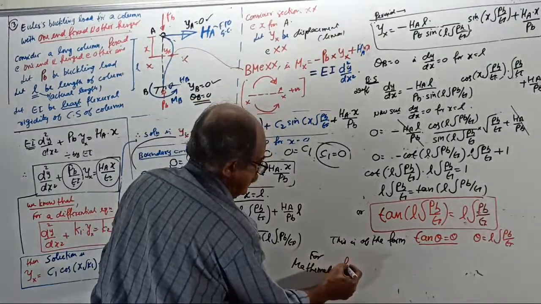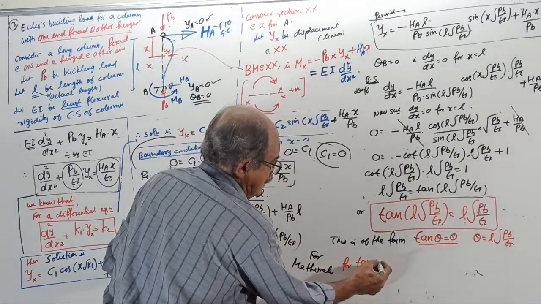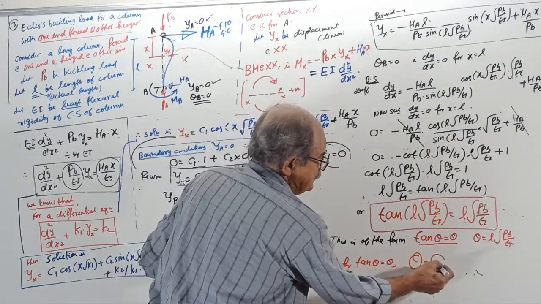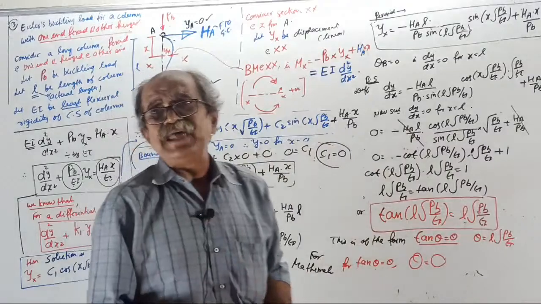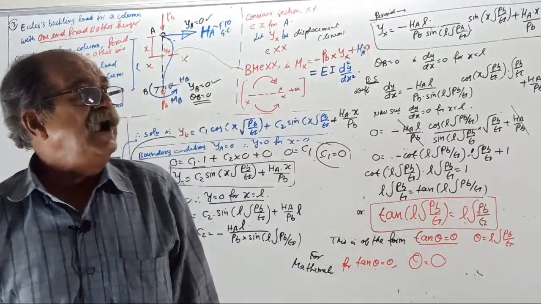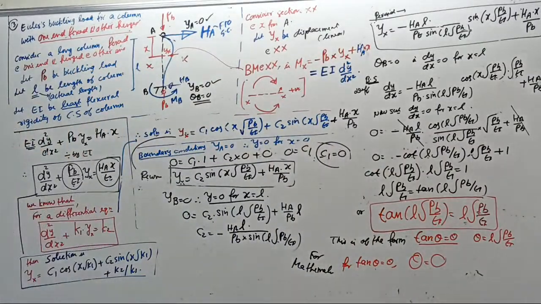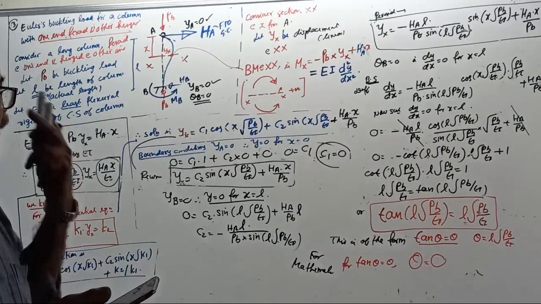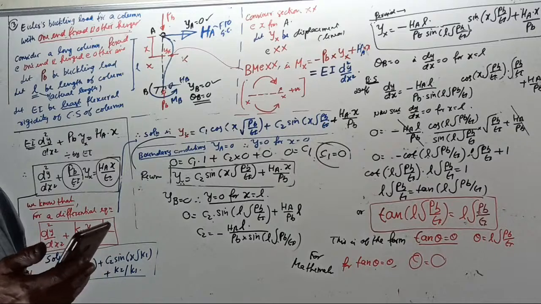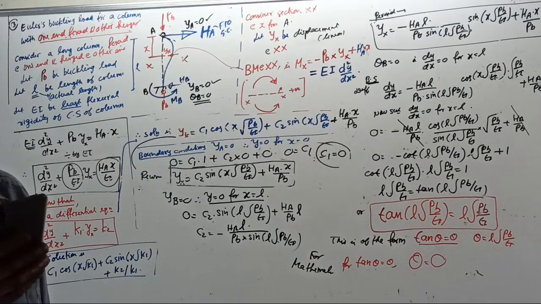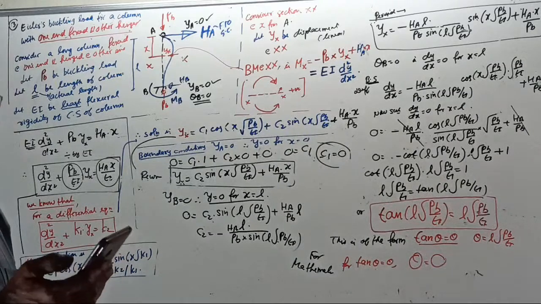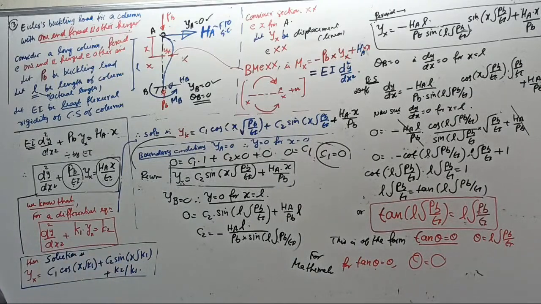Now remember, for tan theta equal to theta, go to mathematics. For tan theta equal to theta, theta equal to 0 is one solution. Tell me, what is tan 0? Take your calculator. Tan 0 is 0. So tan 0 equal to 0, but you can't take 0.